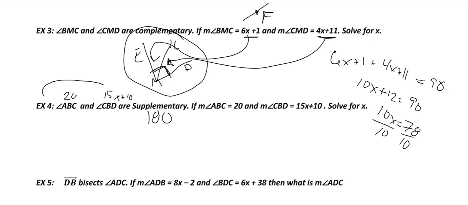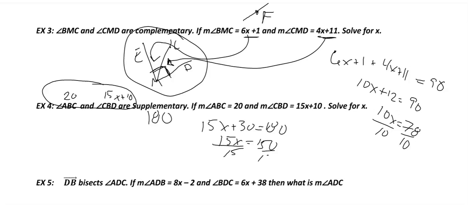Well, if they're supplementary, that tells us that the whole composition of the two angles is going to equal 180. So I know I can add those together, getting 15x plus, well, we had a 10 and then we had a 20, it's 30, equals supplementary 180. Minus 30 minus 30, you get 15x equals 150. Divide by 15, and you end up with 10.